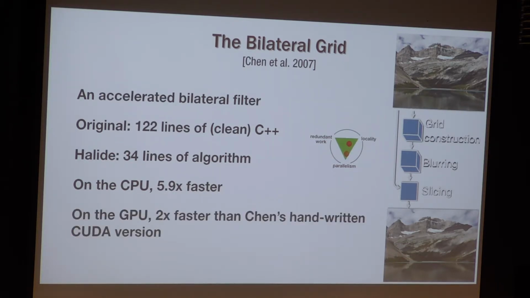But the best algorithm was somebody hand wrote for the paper on GPUs. What it did was give up some parallelism for much better locality. If you give up some parallelism for much better locality, because we can optimize that, we got faster than their handwritten algorithm. So we can change something.